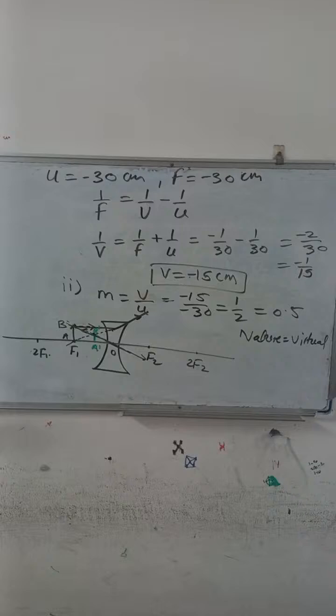Okay. So after reading this we come to know that this is a concave lens. So the focal length of the concave lens is given, that is nothing but minus 60. The lens has focal length minus 60 and the object is 9 centimeter, kept at a distance of 30 centimeter from it.